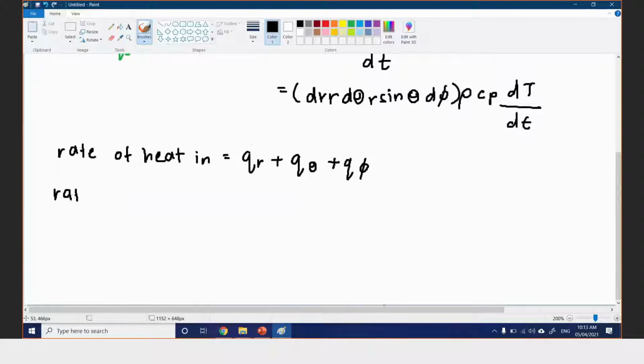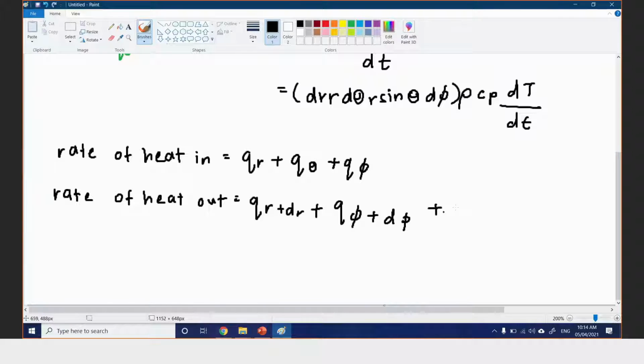So the rate of heat out is Q_r plus dr, the difference in the thickness, then Q phi plus d phi, plus Q theta plus d theta.